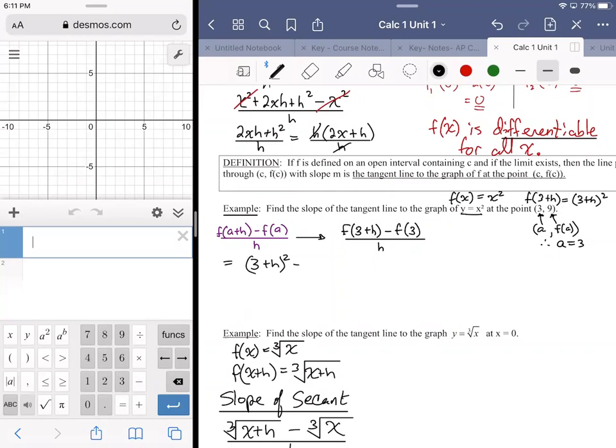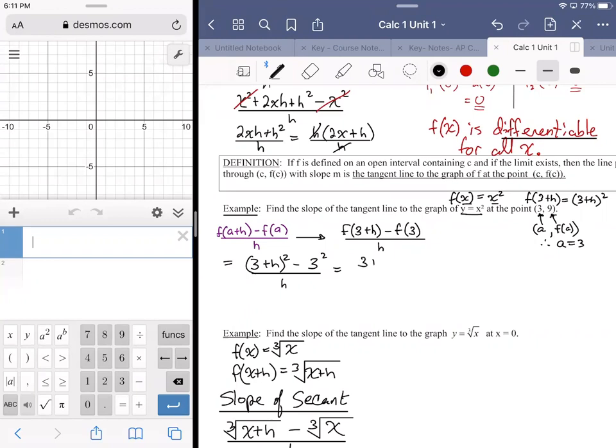minus, well, f of 3 would be whatever you would get when you plug in a 3 for x, so minus 3 squared, all over h. We could expand this out using the FOIL method for the (3 plus h) squared.